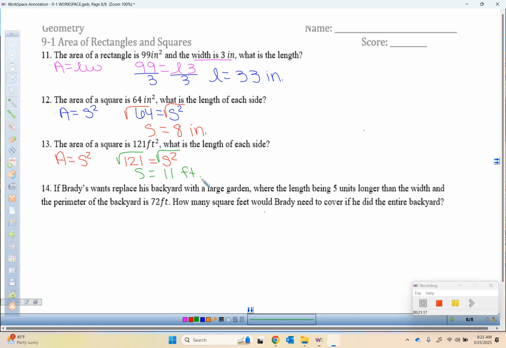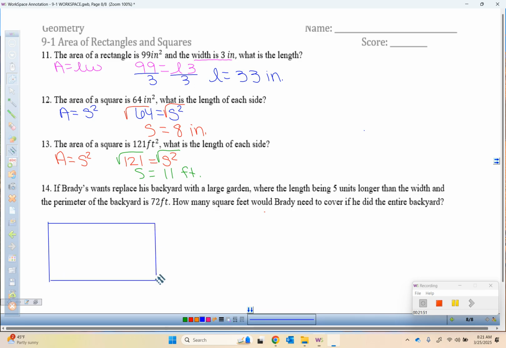Okay, let's look at number 14. It says Brady wants to replace his backyard with a large garden, where the length is 5 units longer than the width, and the perimeter of the backyard is 72 feet. How many square feet would Brady need to cover if he did the entire backyard? I'm going to make a backyard. It's going to be the prettiest backyard you ever saw.